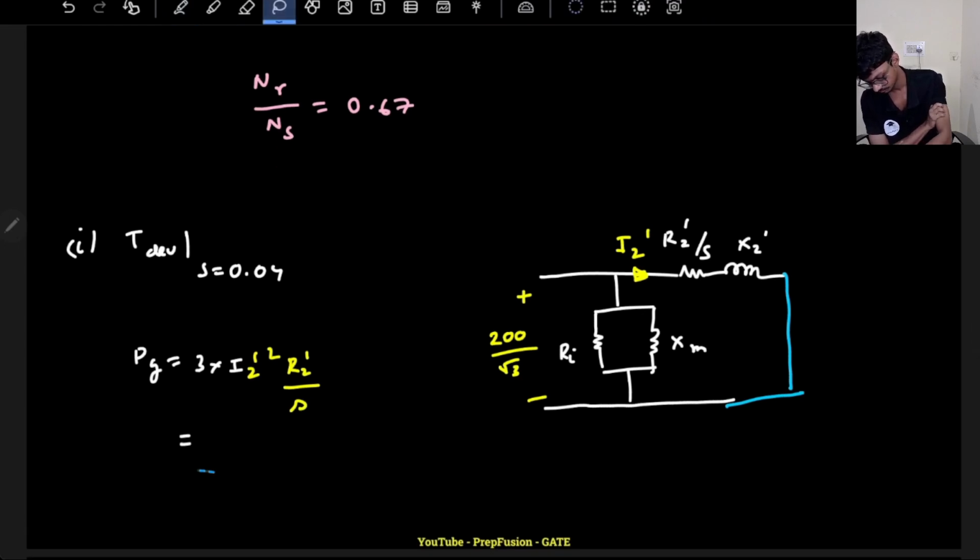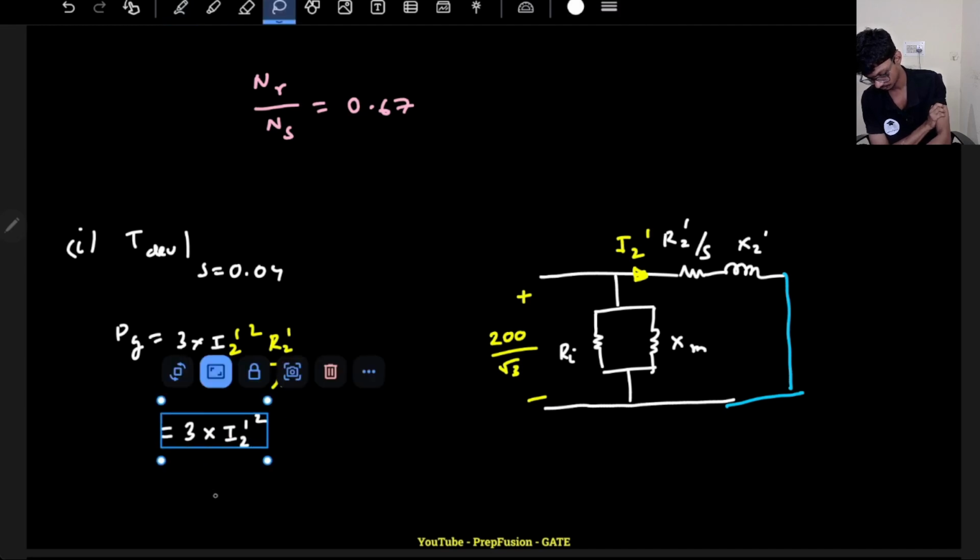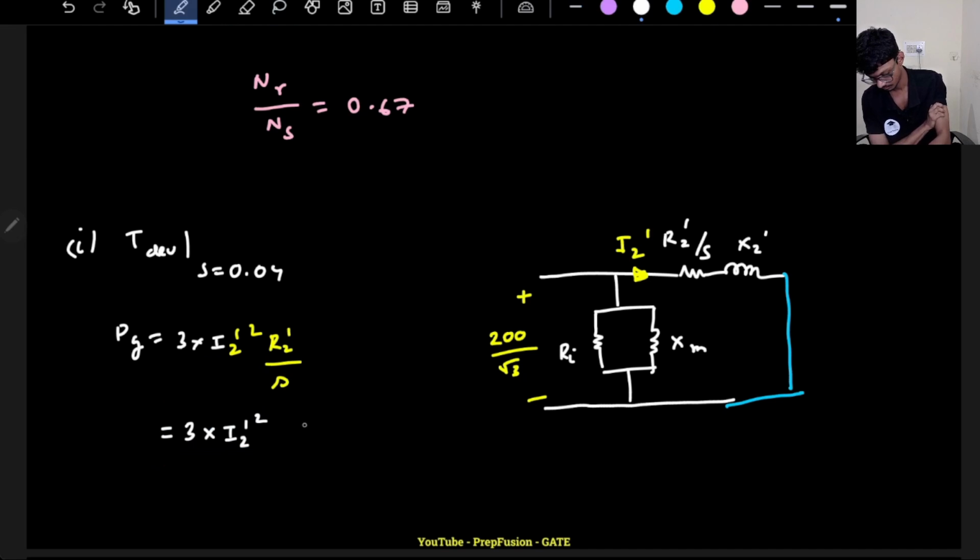So three into R2 dash divided by S. So okay, what is I2 dash then?